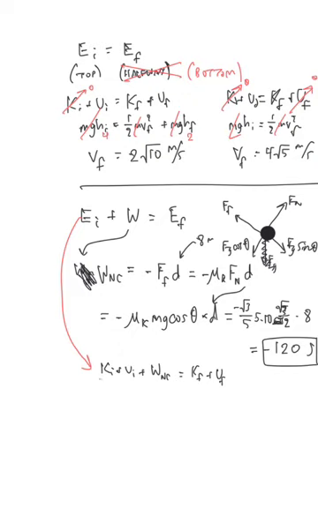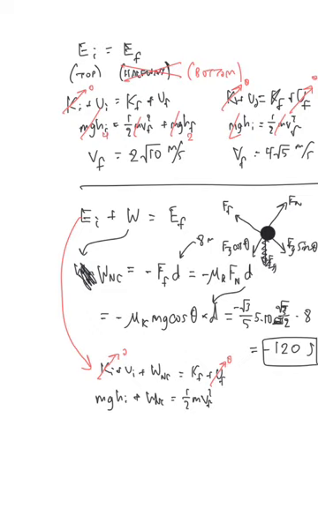So the initial kinetic energy is 0, since it starts from rest. The final potential energy, the gravitational potential energy, is 0, since it's at the bottom. So plugging in the formulas, we have mgh initial plus the work due to non-conservative forces is equal to 1/2 m v squared final.